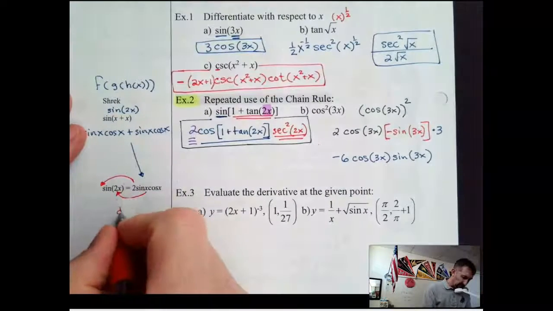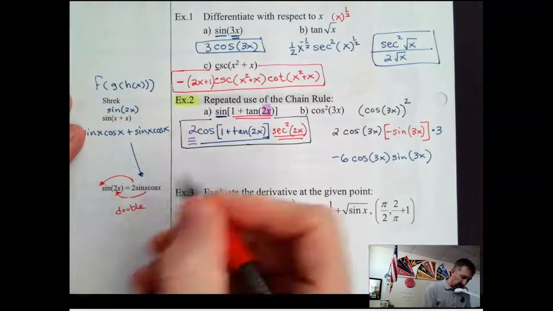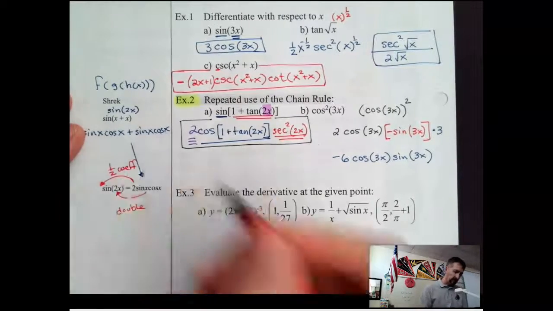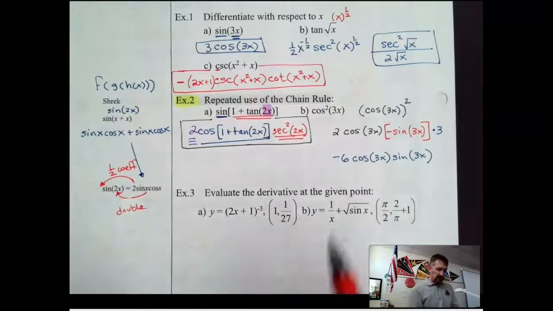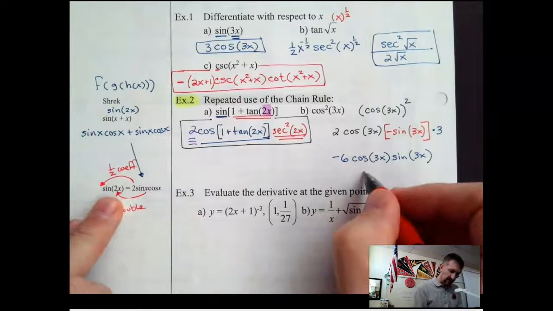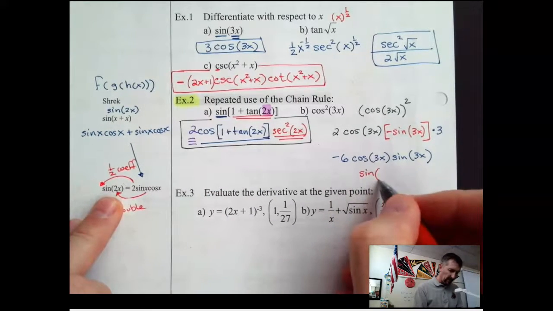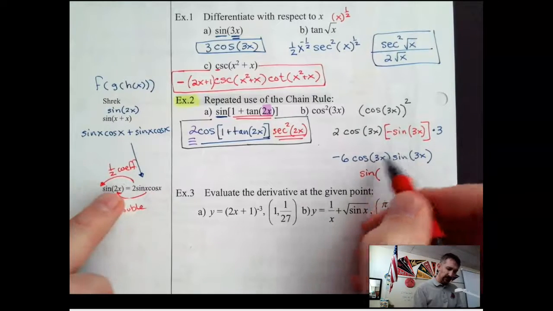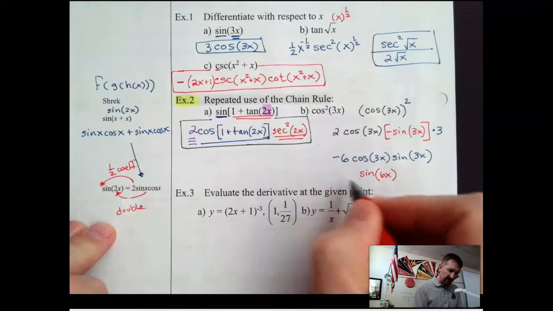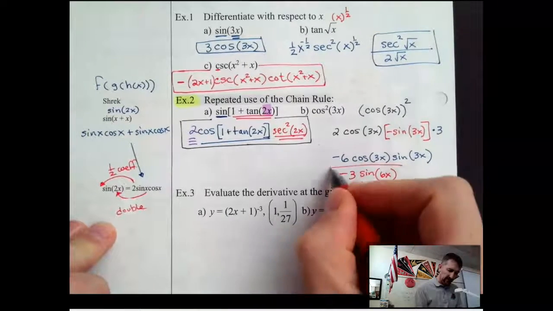We double the angle. We take half of the coefficient. Okay? So if we want to do this and we want to break it down to sine, we're going to double the angle, so that's going to be 6x, and we're going to take half the coefficient, so that's going to be negative 3.